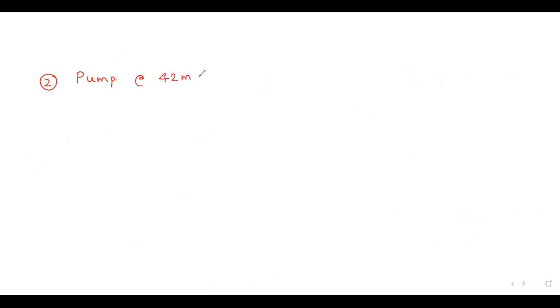If you have forgotten this, kindly revise the video on pump selection. So 42 meters, and then a frictional loss of 2.1 meters, which means a total dynamic head of 44.1 meters. In this case we consider that it is an AC pump.